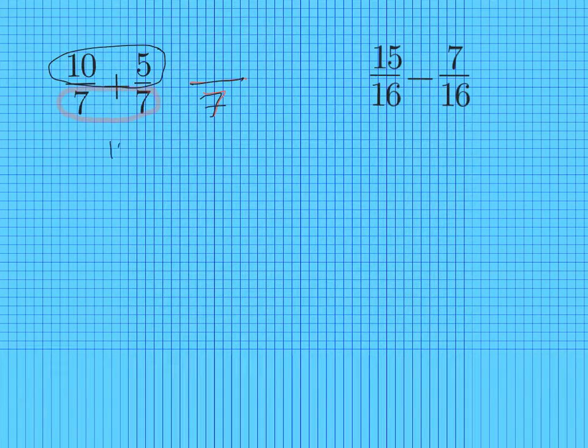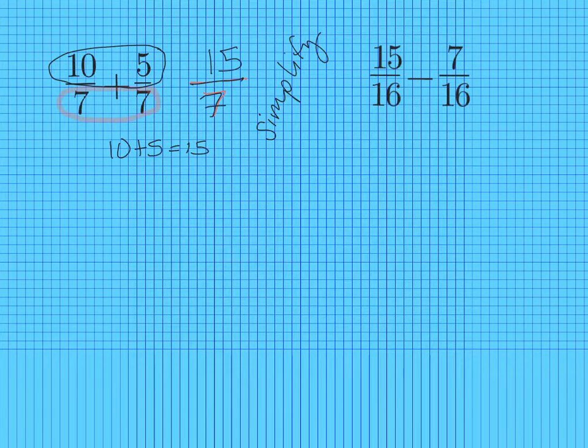So really I'm just thinking, what is 10 plus 5? 15. So my numerator becomes 15. But hopefully you can see and remember that we need to simplify. So remember, if the top is bigger than the bottom, we need to simplify.